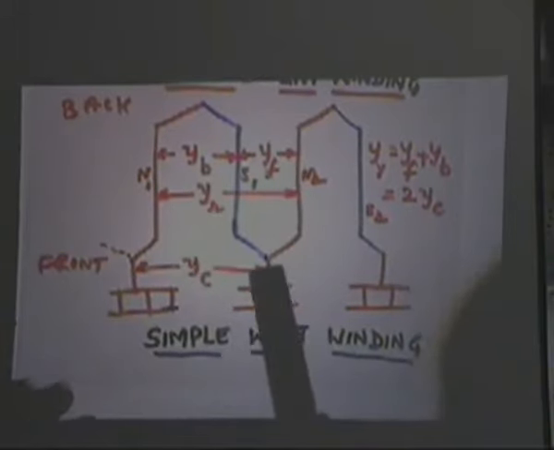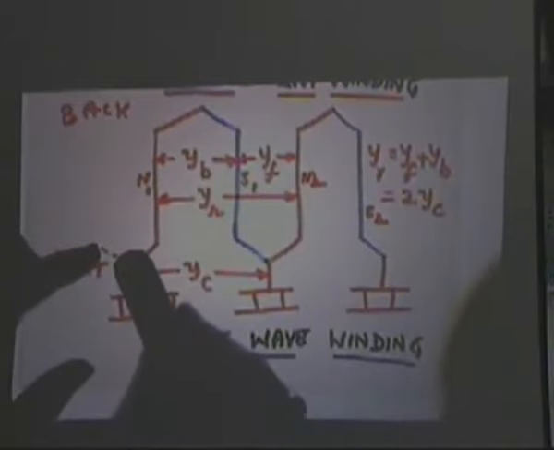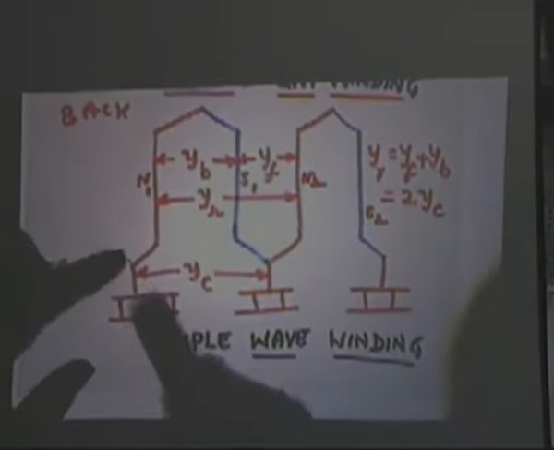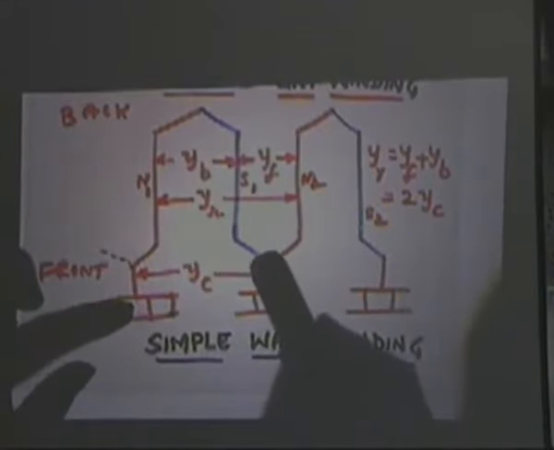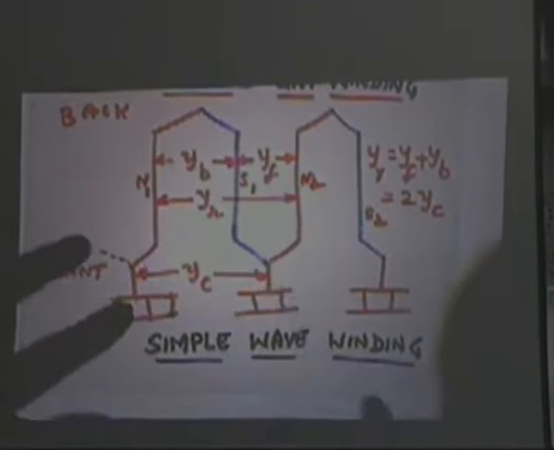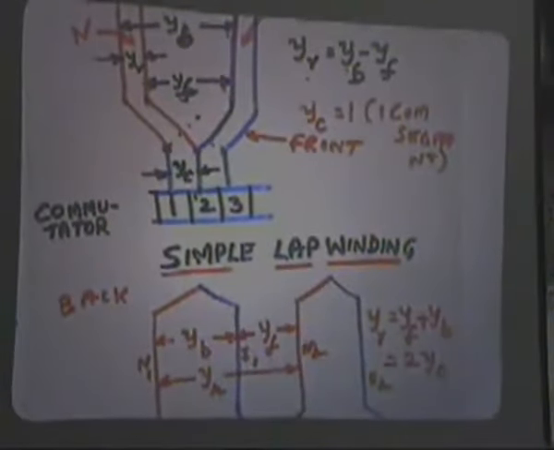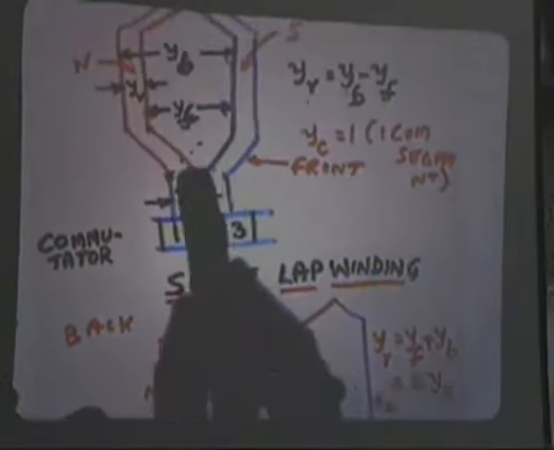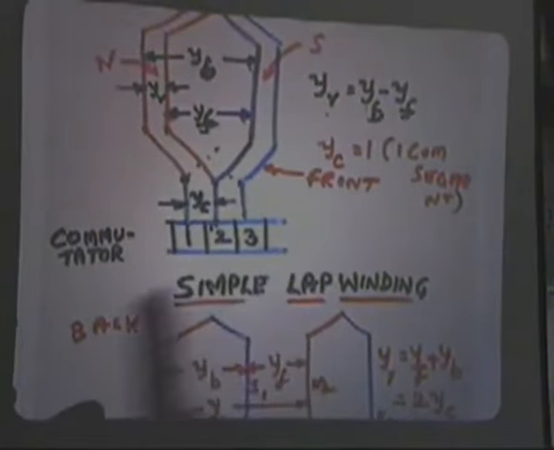And now this coil side, which is this junction, is connected to one commutator segment here, and the next junction is connected to another commutator segment. We have seen that in the lap winding, the subsequent junctions are just displaced by one commutator segment like this.